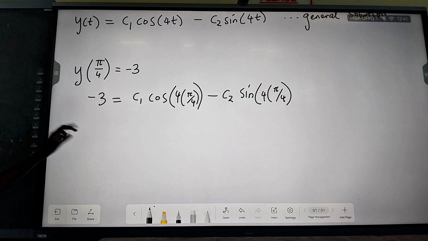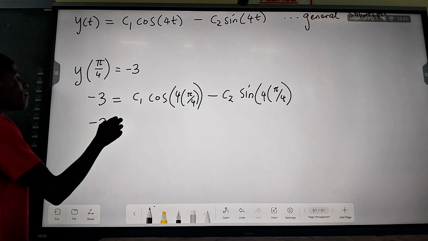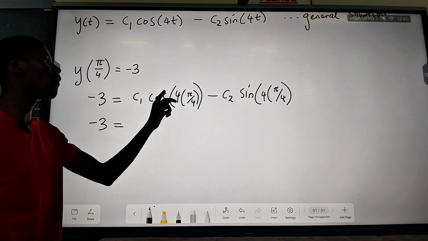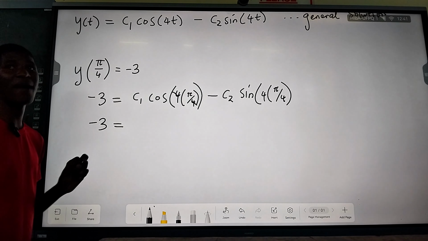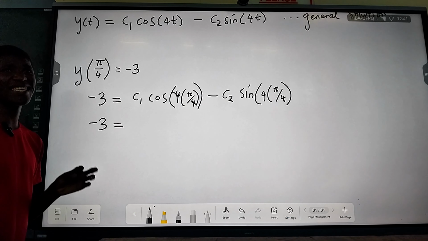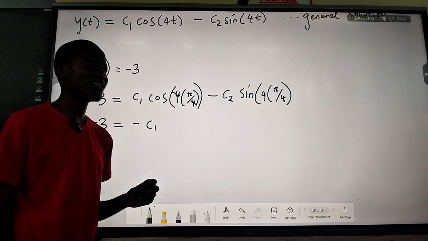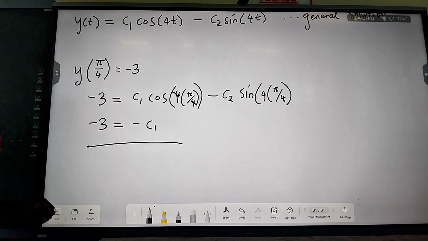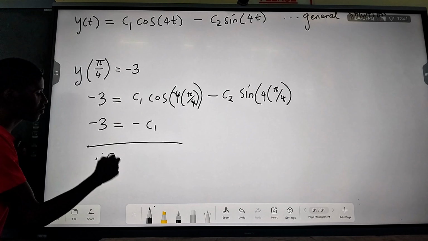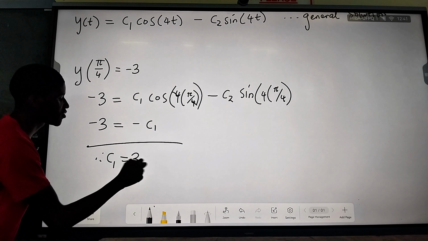You still do simultaneous equations. Cos of pi, which is cos of 180 degrees, is minus 1, so this is going to be minus c1. And sine of the same 180 degrees is 0. So c1 is equal to 3.